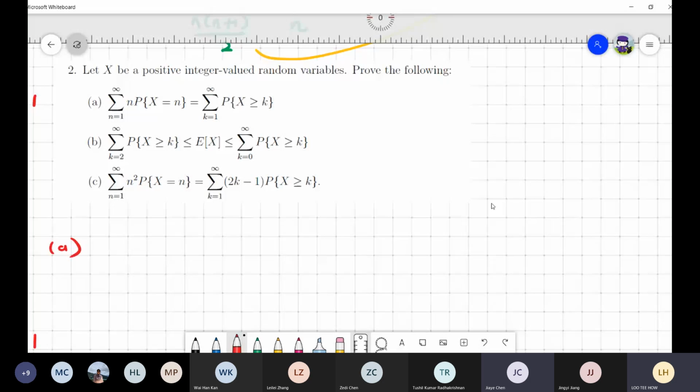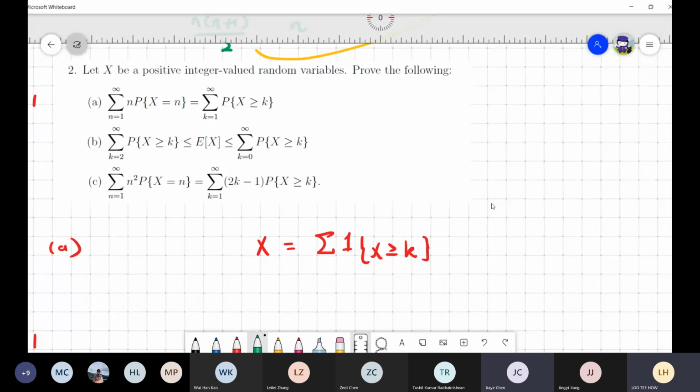This is because we know x is equal to the summation of the indicator of x greater than or equal to k. This is from question 1.